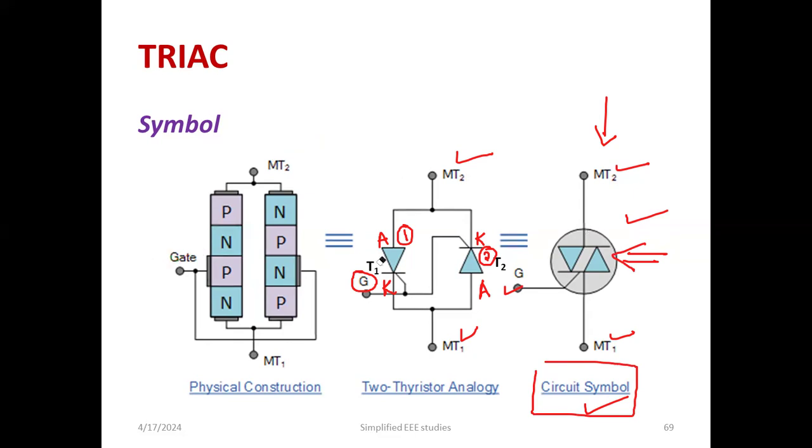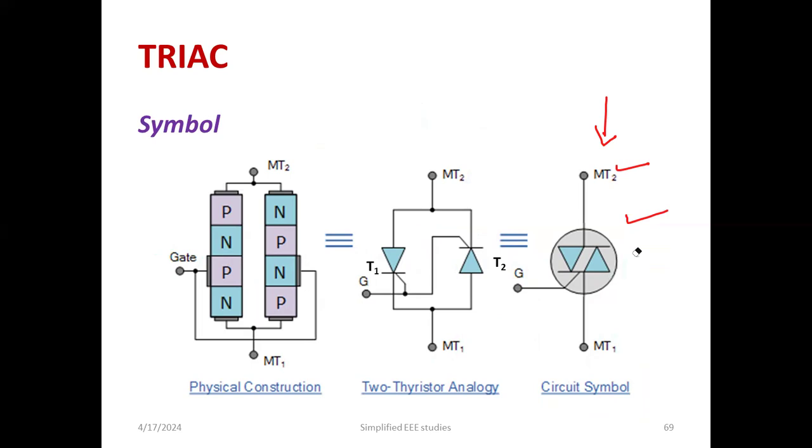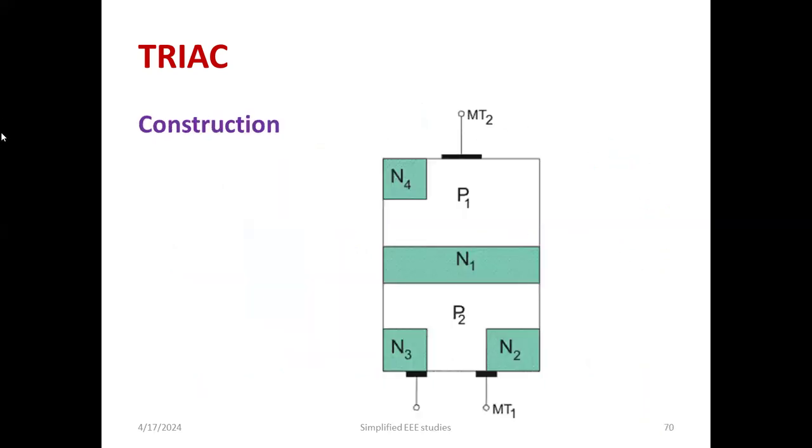Now, let me proceed further. I'm going to explain the construction of TRIAC, how it is made up, and all the terminology. First of all, we can see different layers. You see, this is one layer, and N1 is one, N2 is one layer.